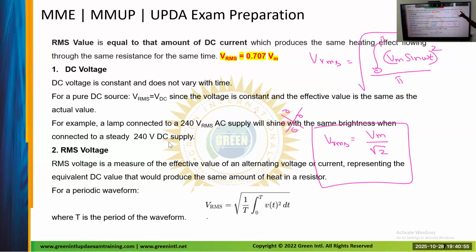If we integrate this, we get this value. So we need to memorize this value. It is not required to derive, but it is very important. In our exam, they do not ask for this derivation, but we need to use these values.